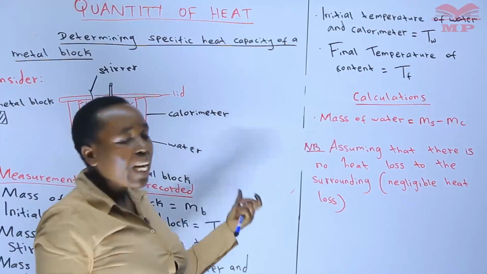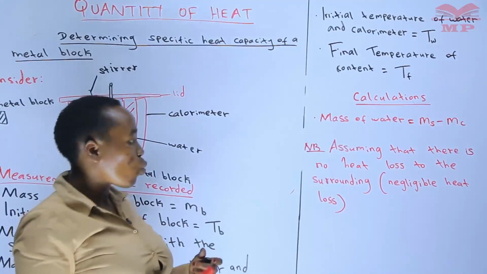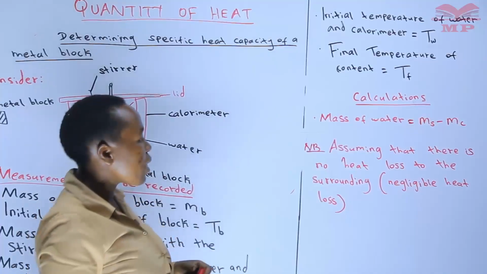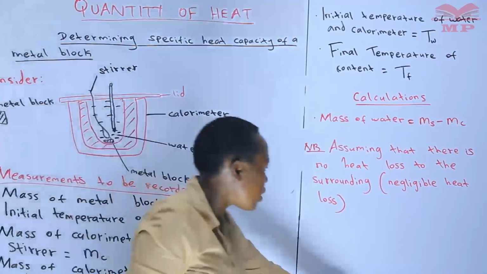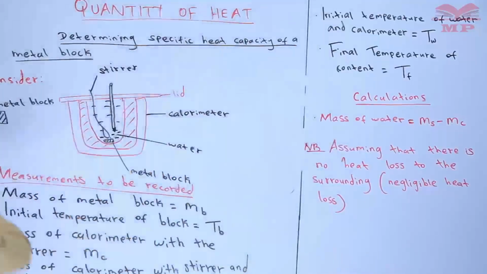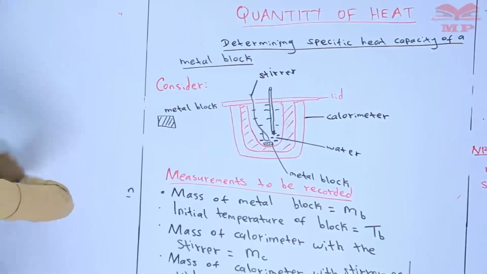When we talk of negligible heat loss, it means that we don't have to put it into consideration. So we assume that the heat loss is negligible, and therefore note the following.